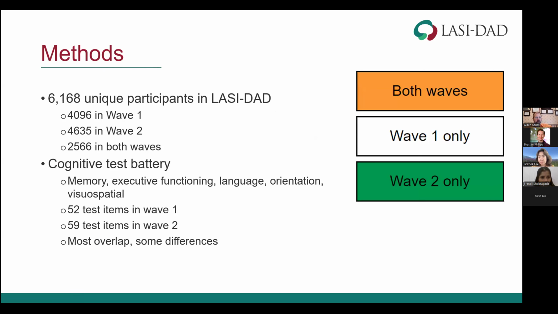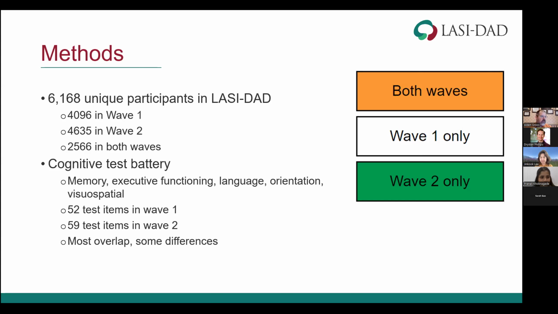Between her presentation and my presentation, we got an extra person. So there were 2,566 people seen across both waves 1 and 2, but as she mentioned, there was a refresher sample in wave 2 of participants who were not necessarily seen in wave 1.